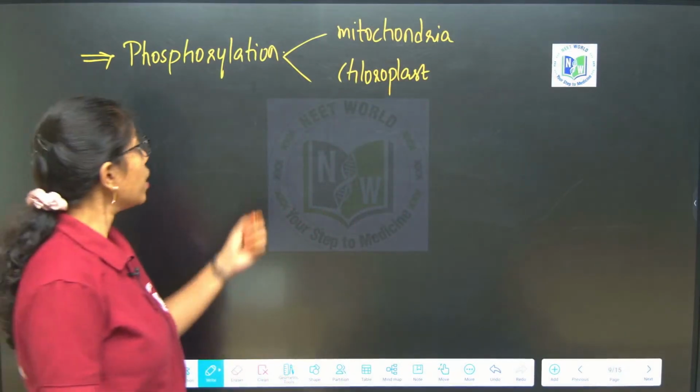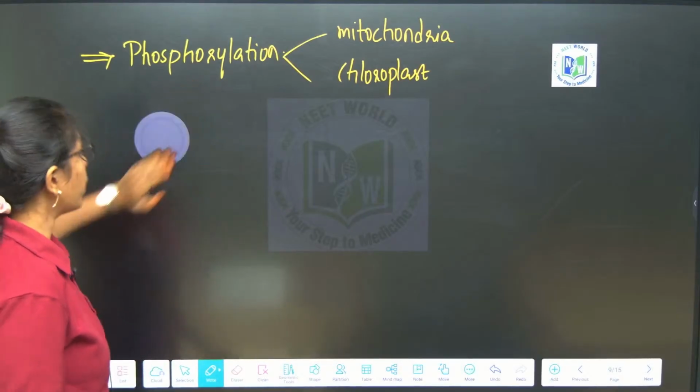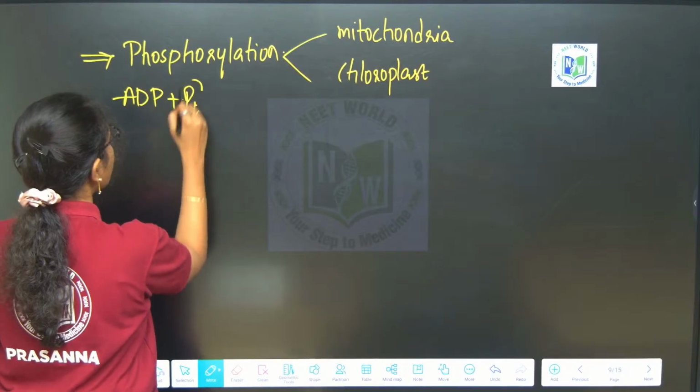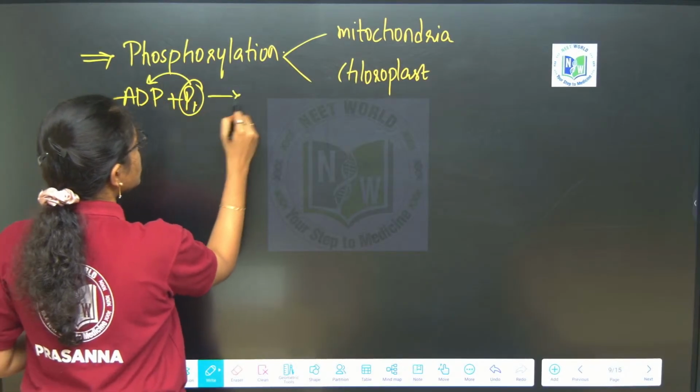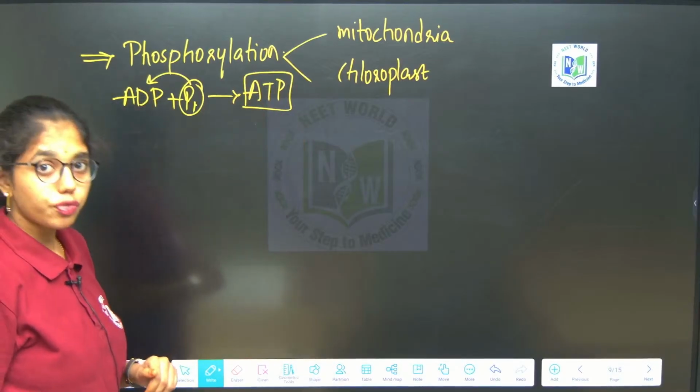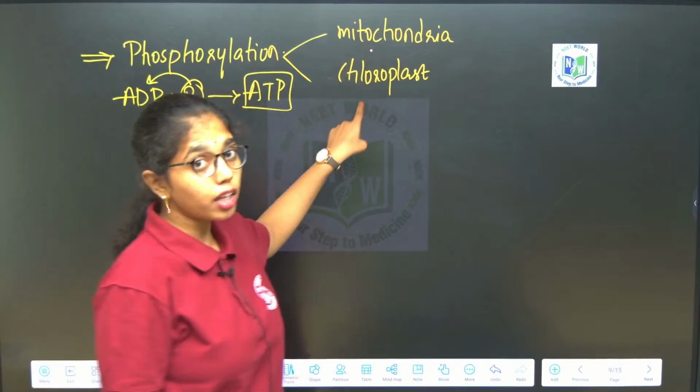That is nothing but addition of a phosphate group, inorganic phosphate, to ADP, which results in the formation of ATP. ATP is formed both in mitochondria and chloroplast.